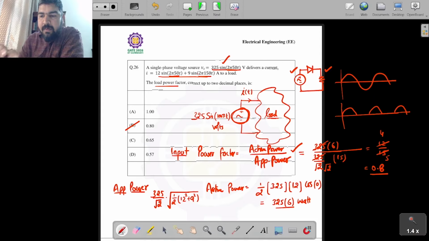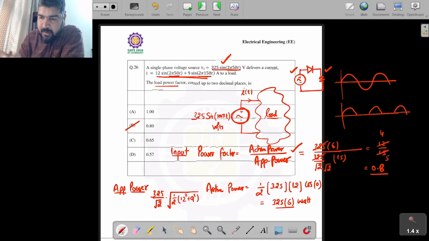But in this problem it is not mentioned what is the voltage across the load. This is the source voltage and we don't know how the load is connected. Okay, so we don't know the voltage across the load. We know the current through the load because this is the current supplied by the source to the load. Okay, so let's assume that the load is getting the same current, but we don't know the voltage across the load, we don't know the circuit.